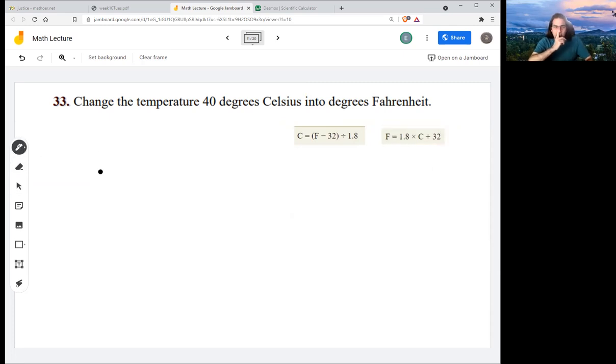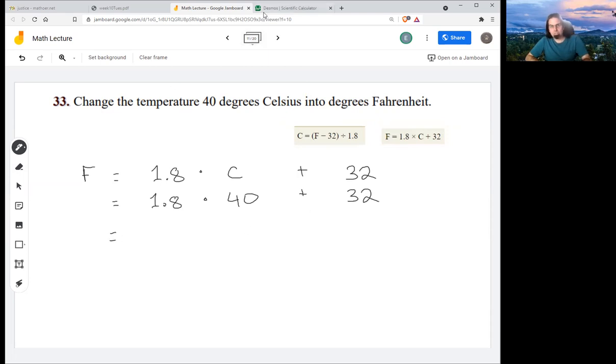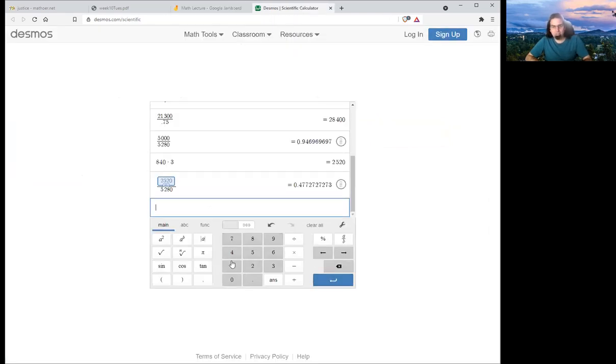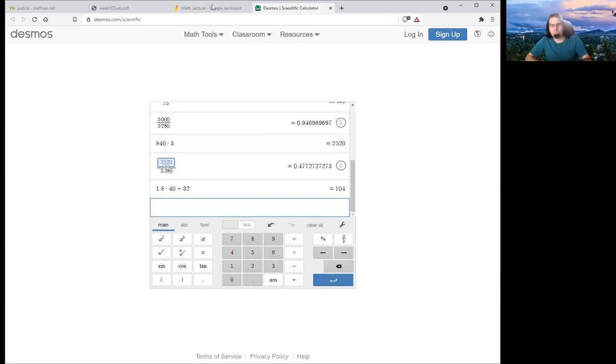Okay, so now, what is that? 1.8 times 40 plus 32 gives me 104.